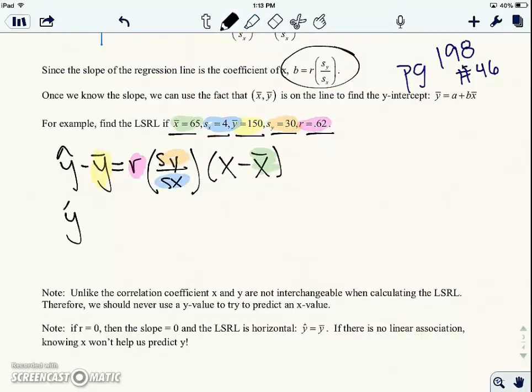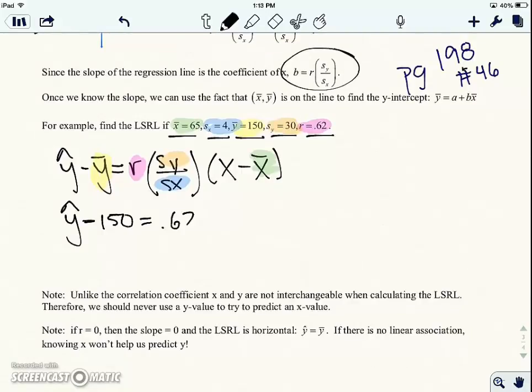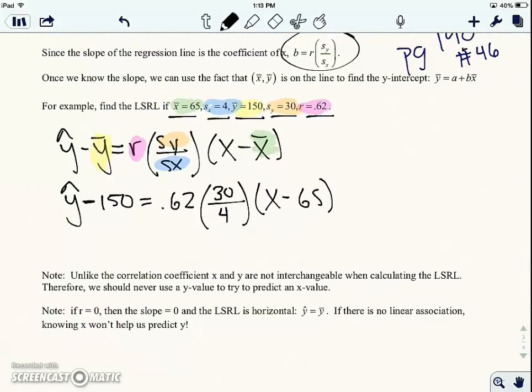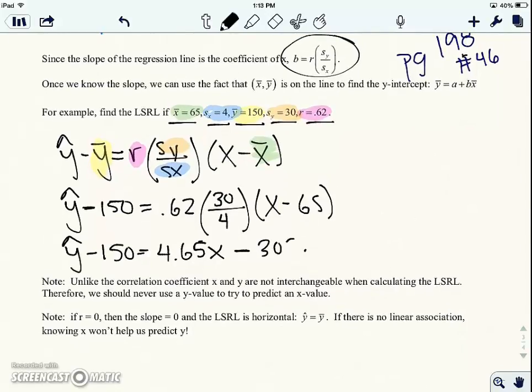So I'm going to do that. I've got y hat minus 150 equals our r of 0.62 times s of y, which is 30, over s of x, which is 4, times x minus x bar of 65. Okay, simplifying that, I get y hat minus 150. Multiply this stuff together, and I get 4.65x minus 302.25.